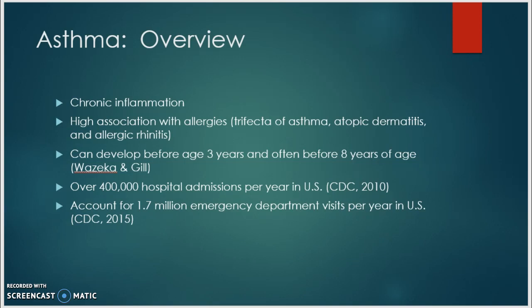However, asthma is very different in that chronic inflammation is what begins the whole cascade. Oftentimes, these patients have a high association with allergies. I call it the trifecta of asthma, in that they'll have asthma, oftentimes atopic dermatitis or eczema, and also allergic rhinitis. Asthma can develop before the age of 3 and very often will be before the age of 8 years.